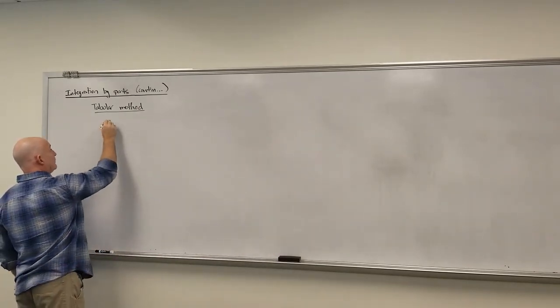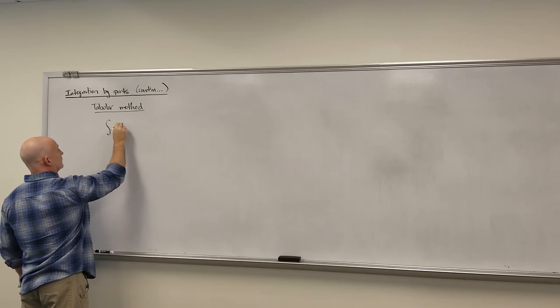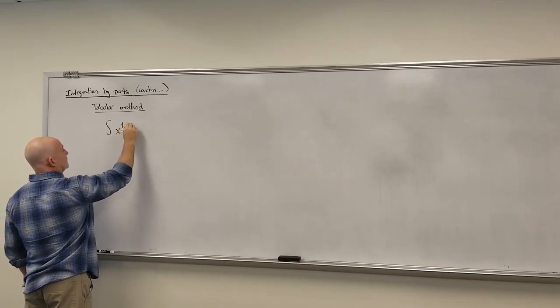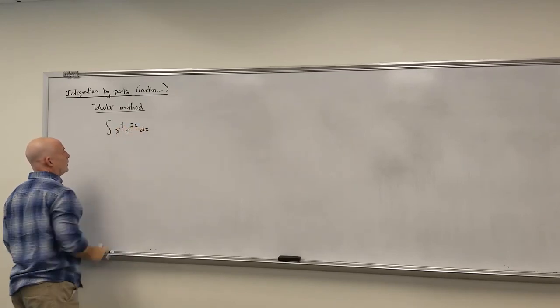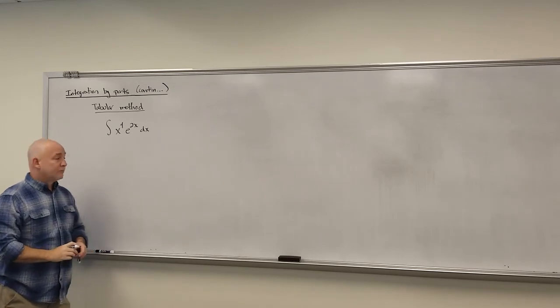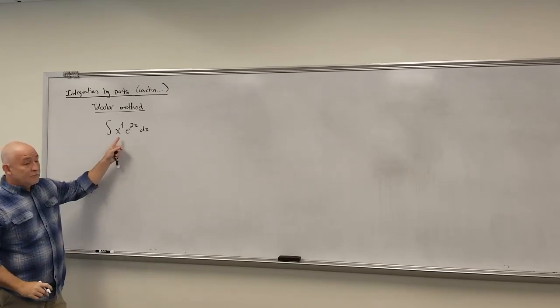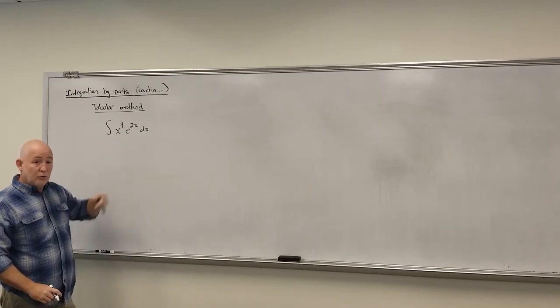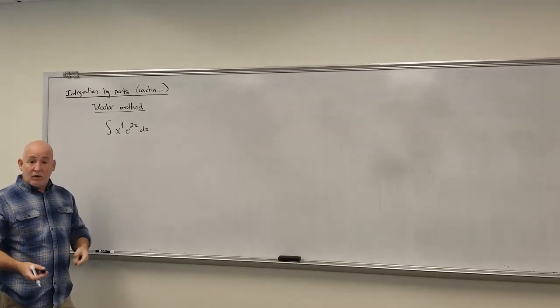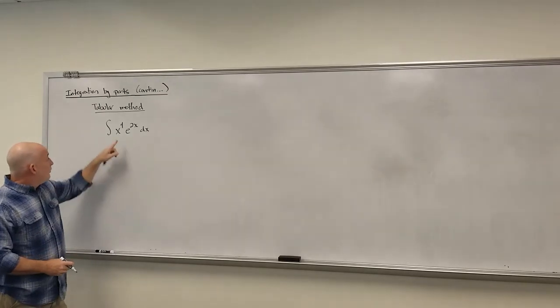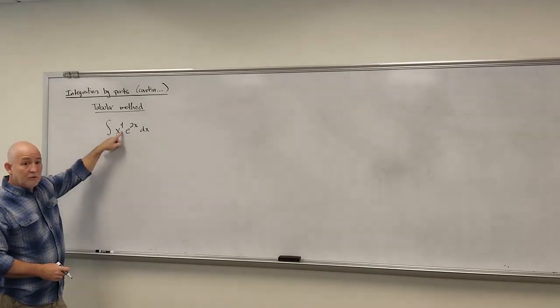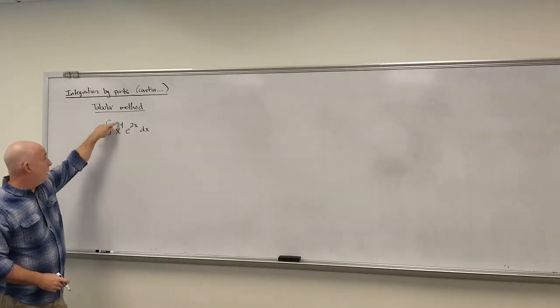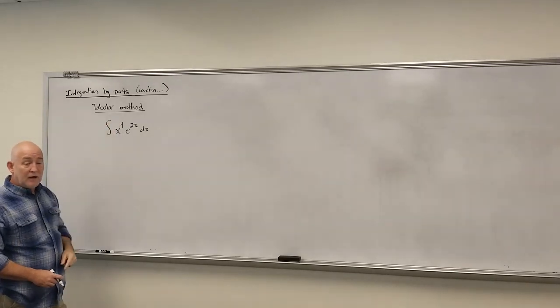So here, if we have the integral of, let's say, x to the 4th e to the 2x. By looking at this, you'd say, okay, we have two different types of functions, polynomial times an exponential, and we saw from the last lecture, by parts works really well on this. But notice that we always have to do the same number of by parts as the power on the polynomial.